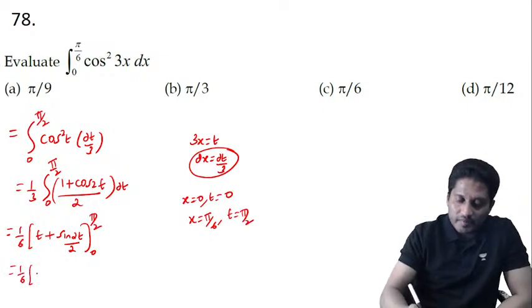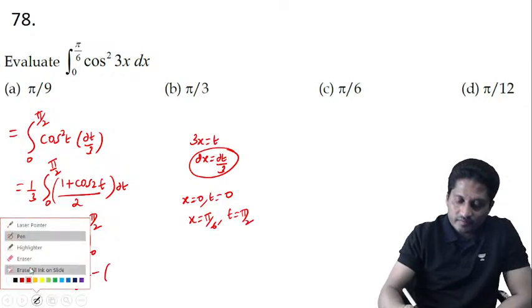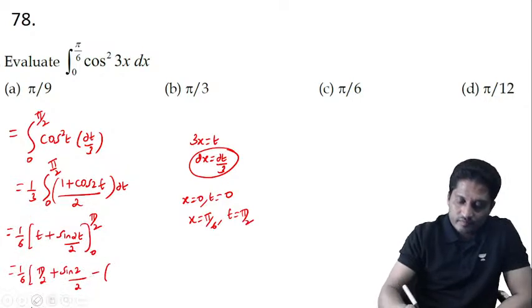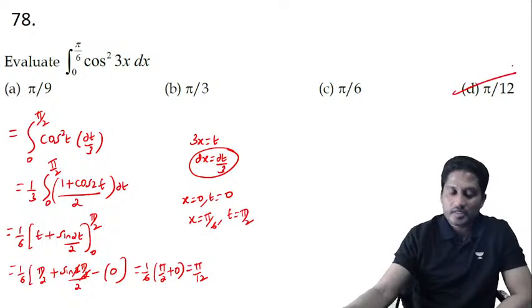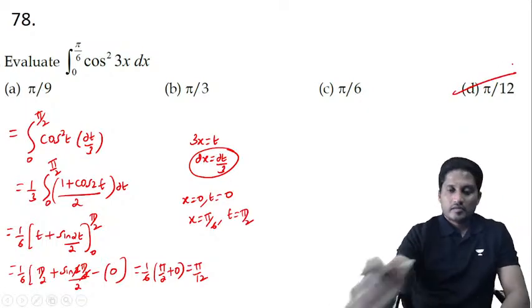Upper limit is pi by 2 plus sine of 2 into pi by 2 by 2, and lower limit is 0 only. This will cancel. Sin pi is 0. 1 upon 6, this is pi by 2 plus 0, which is pi by 12. Answer is option D. Alright, let's move to the next question.